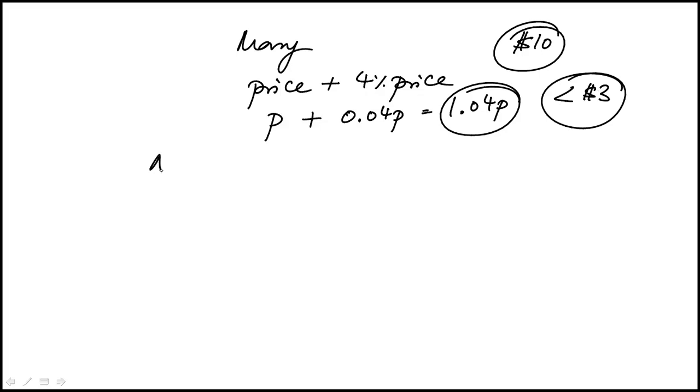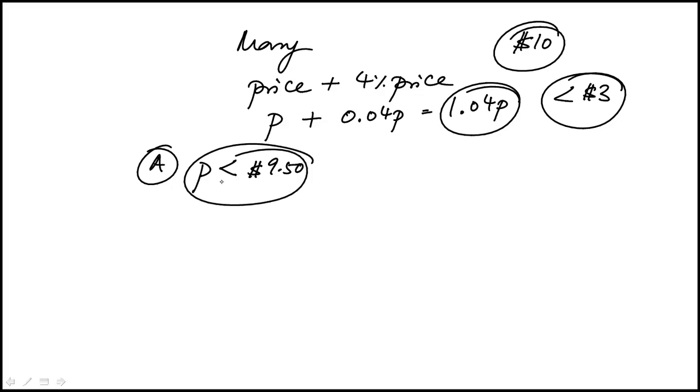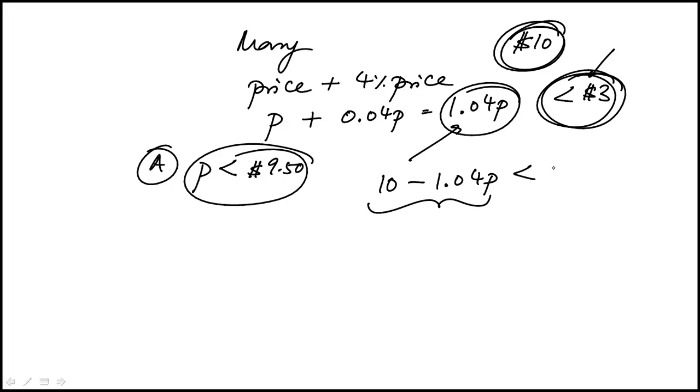So A says, and I have to examine each one of these, that the price of the book was less than $9.50. So I'm going to try to establish the range of values of P. So I know that the change, which is the difference between the amount of money she handed to the cashier minus the price of the book, has to be less than $3.